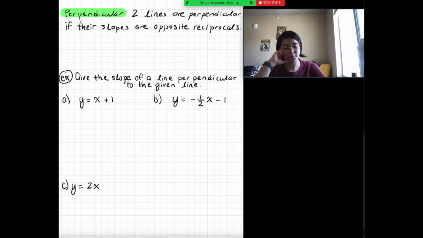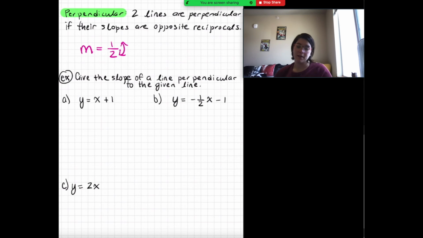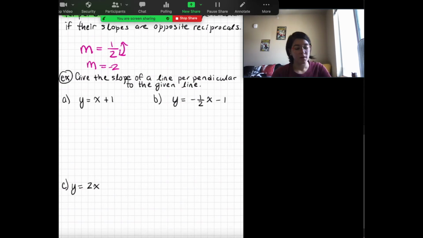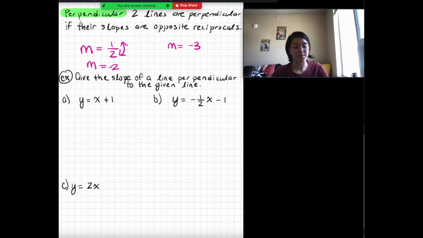So for example, if we had a slope of 1/2, then if we wanted to find a slope perpendicular to that, we would flip our fraction and then we make it negative. So our slope would become m equals 2/1, which we can just write as 2, and then we tack a negative on the front. Another example would be if we have a slope of -3.